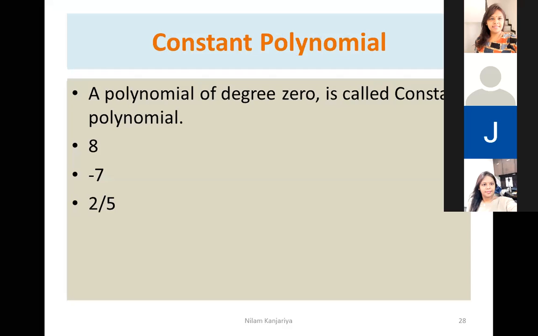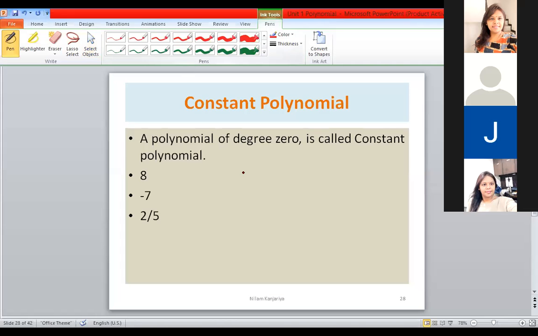Let's take their definitions. So first of all, this is the constant polynomial. Why? This polynomial has degree 0. Why is it 0? Look here. It is 8, and I can put the x variable like this.